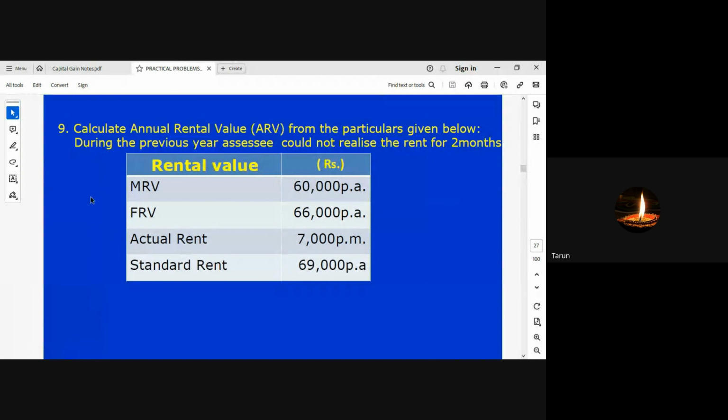Let's proceed to the next question: calculate the annual rental value from the particulars given below. During the previous year, SSC could not realize the rent for 2 months.